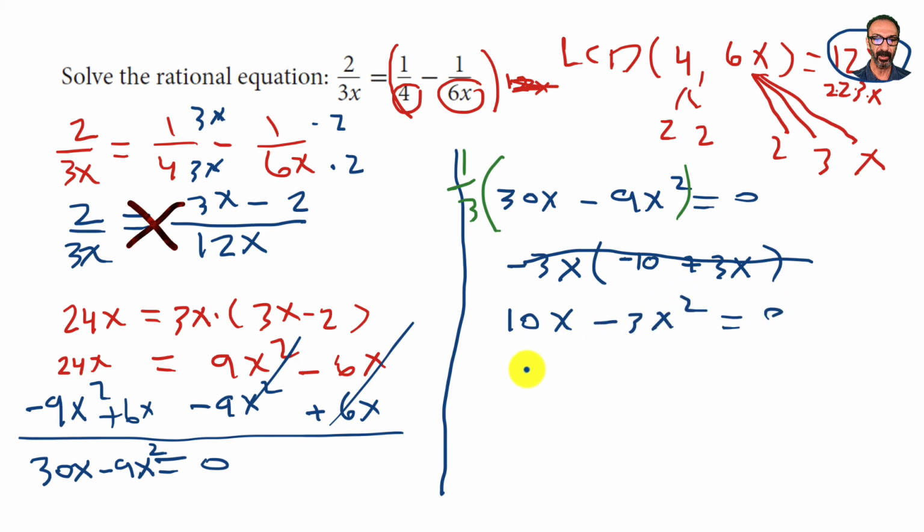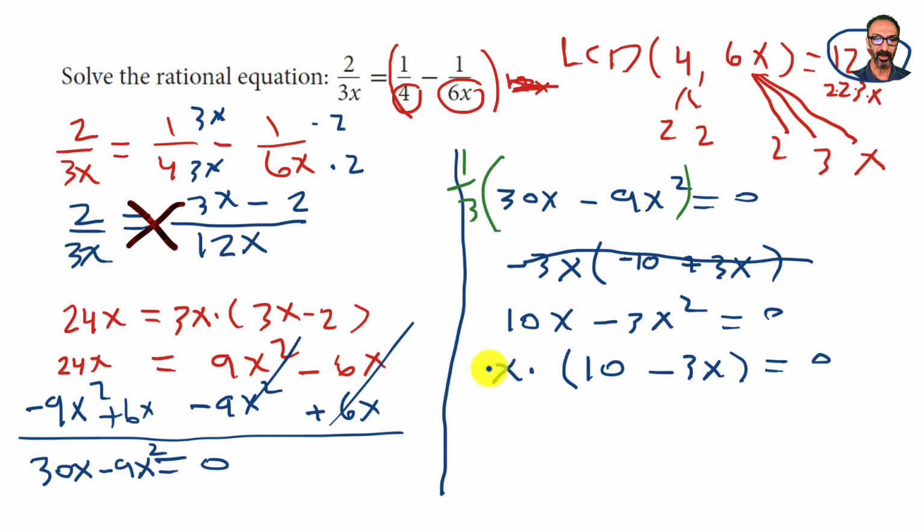Let's take x out this time. Instead of the way they did it with the 3x, let's just take x out. From 10x, I have 10 only left. From this right here, I will have a 3 and x equals 0.